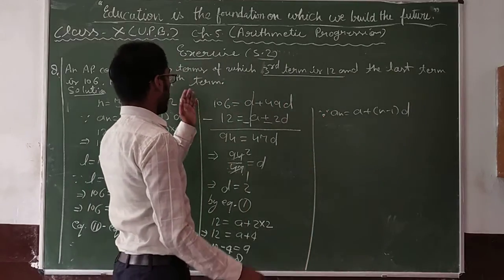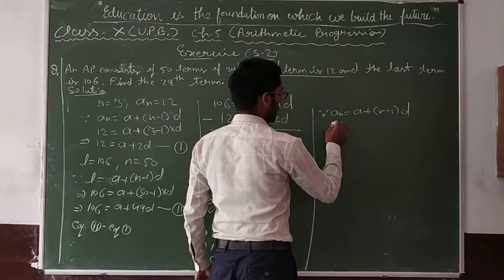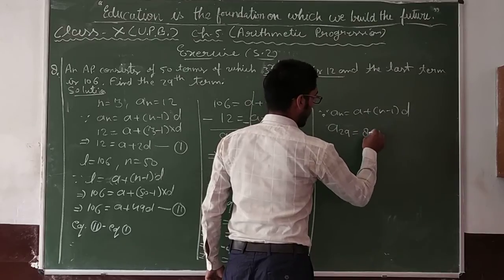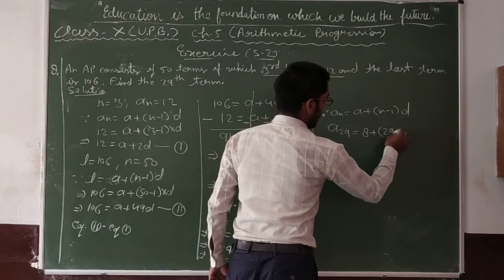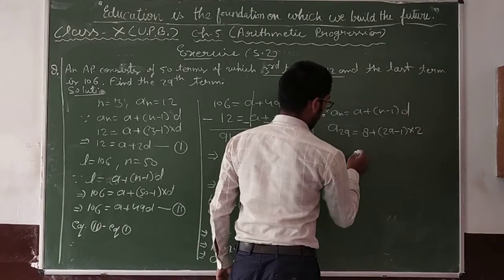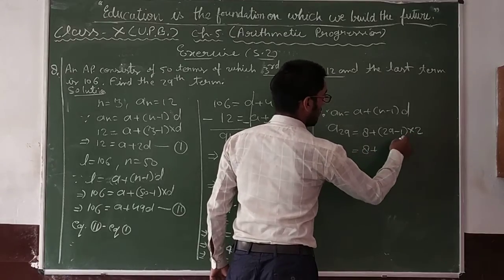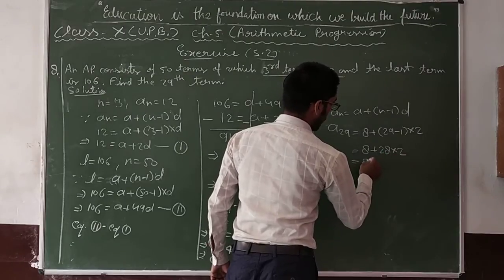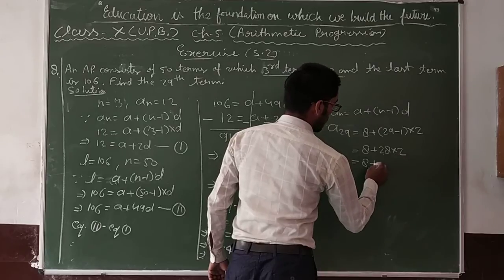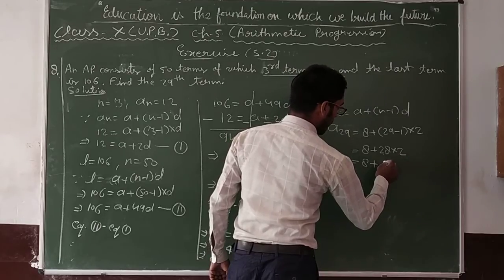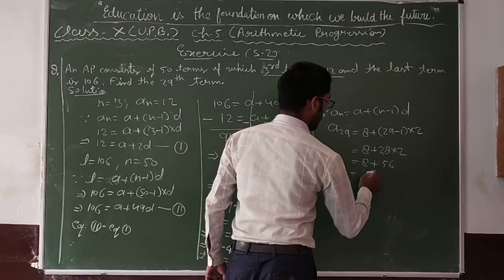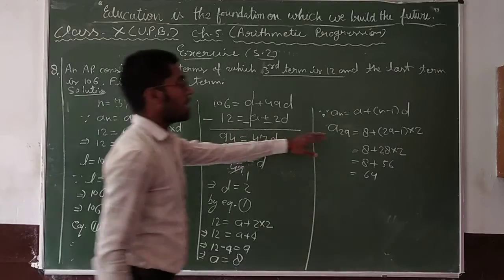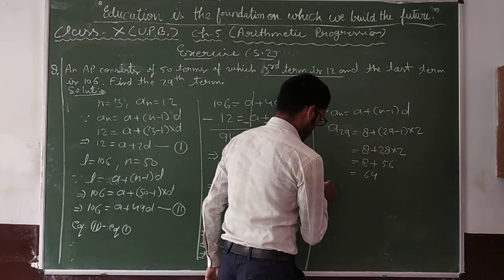So a29 is equal to the first term, 8, plus n minus 1, which is 29 minus 1, into the common difference 2. 8 plus 28 into 2, that is 8 plus 56, which is 64. So the 29th term is 64. That is your answer.